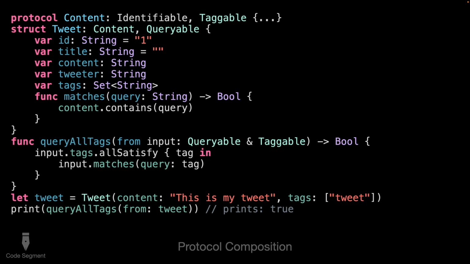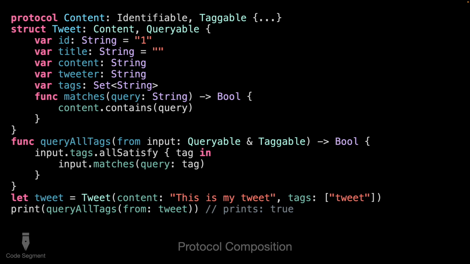So if we tried to say input.tweeter inside of this function, it wouldn't work because what's being passed in is not guaranteed to have that property. The only things it's guaranteed to have are the things defined in queryable and taggable, which we've seen earlier, but as a reminder, that is a function called matches query and a property called tags, right?